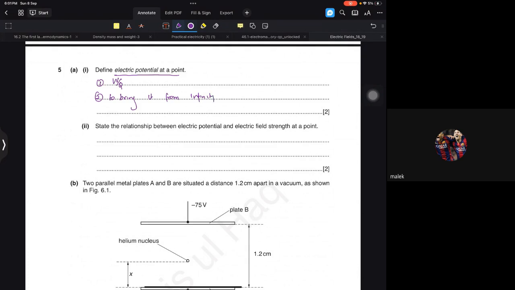The relationship of electric field strength and electric potential, I have basically told you just now that electric field strength is the negative potential gradient, right? So I think if you just write this in this question, it would be pretty good.